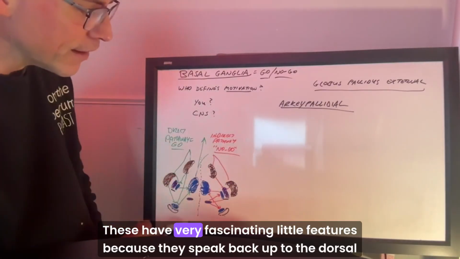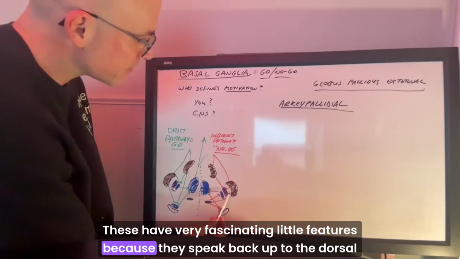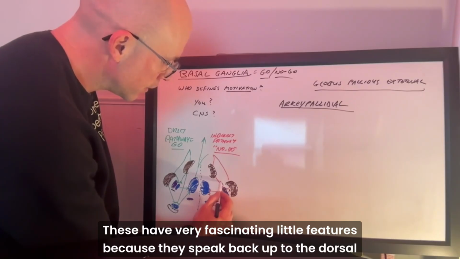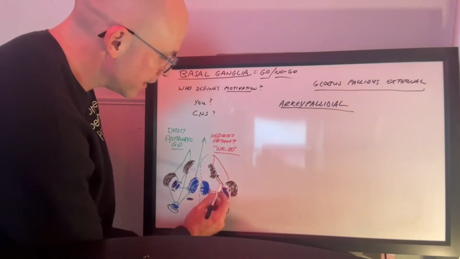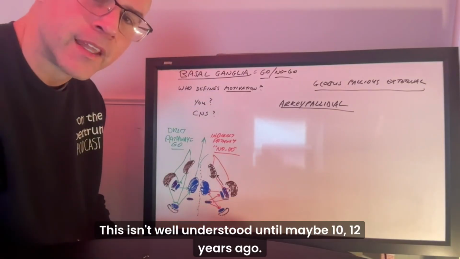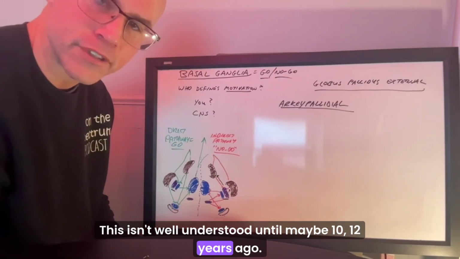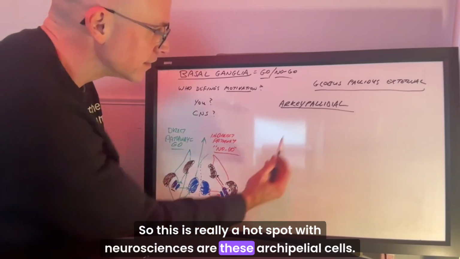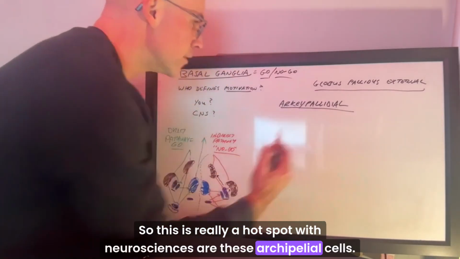These have very fascinating little features because they speak back up to the dorsal striatum. This wasn't well understood until maybe 10, 12 years ago. So this is really a hot spot in neuroscience, these arkypallidal cells.